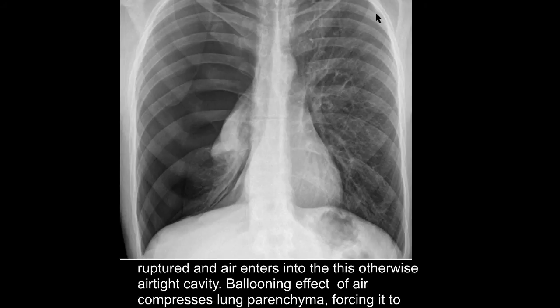On a normal chest X-ray you cannot differentiate between parietal pleura and visceral pleura, but if the pleural space has air in it, and the lung, this whole right lung, is compressed and squeezed because of the pressure of the air within the pleural cavity, you can tell that this is visceral pleura and the rest of it is parietal pleura that is attached to the thoracic cavity, and this whole thing is air within the right pleural cavity.